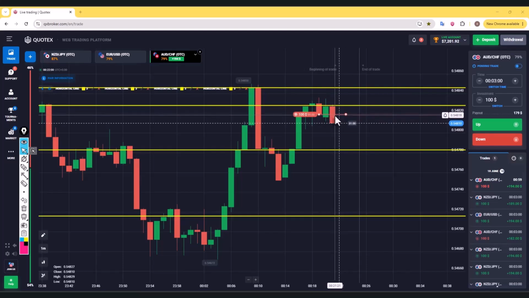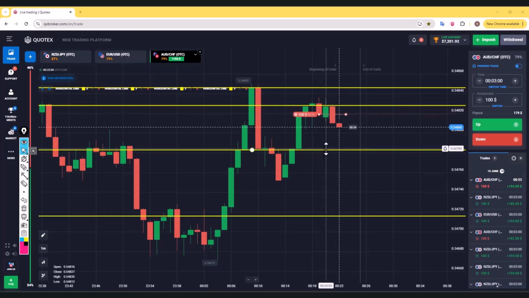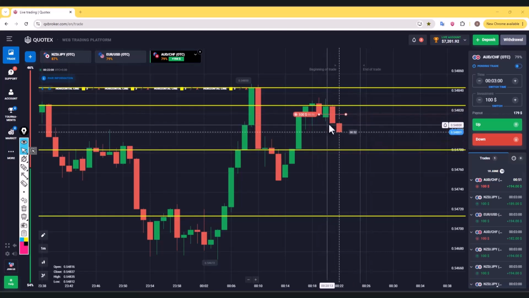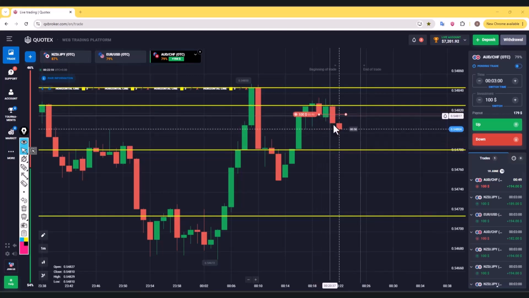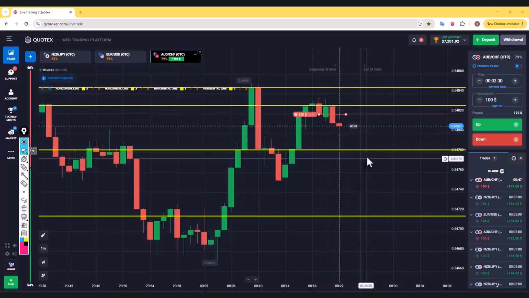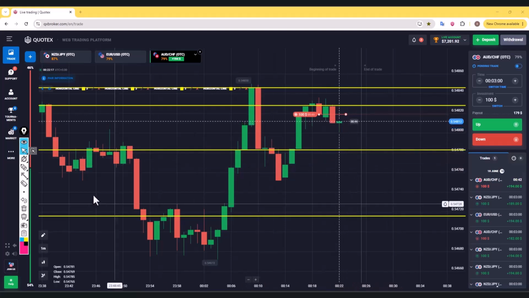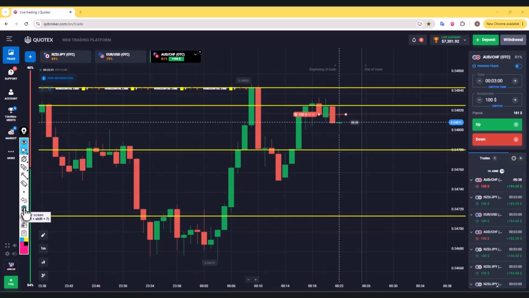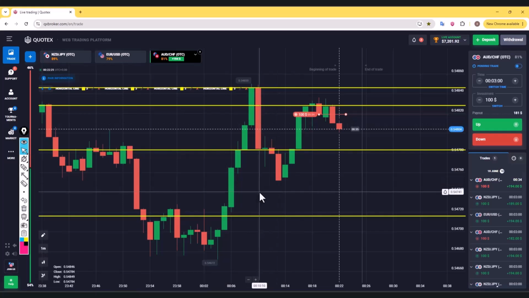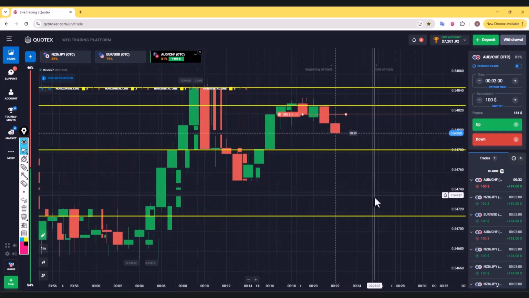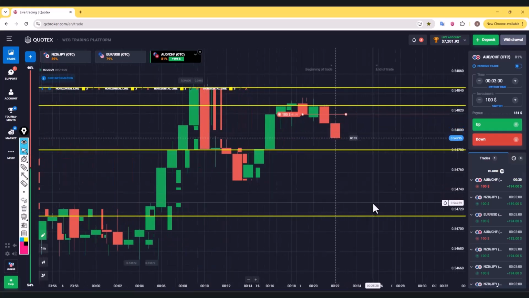So therefore, right here at this specific moment, I decided to enter a sell trade. And my expectation is that after exactly 3 minutes, this current market price will close significantly below my entry point. And I expect to profit successfully from this trade. And now let's wait until the very final moment when this trade closes and see exactly what the result will be.